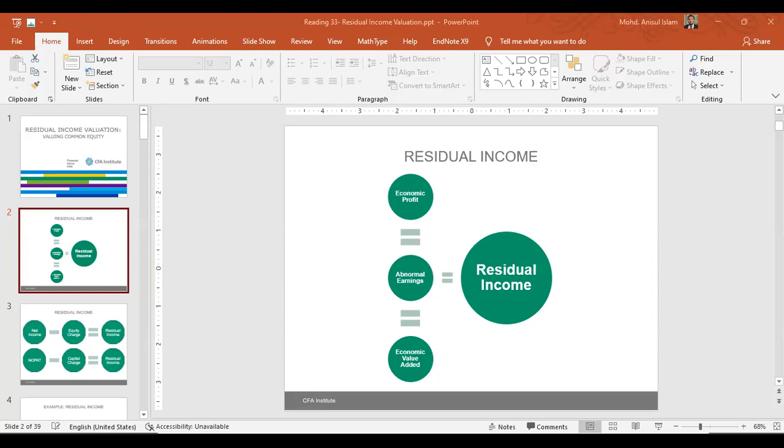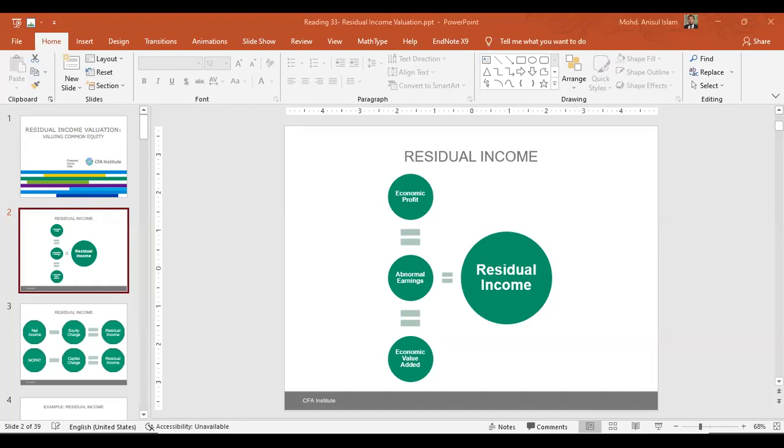So just to give you a slight idea, because of the presence of operating and financial leverage, earnings are likely to fluctuate over time. But you see, sales is the first number in the income statement, and that is not likely to be affected by variation in operating leverage and financial leverage.